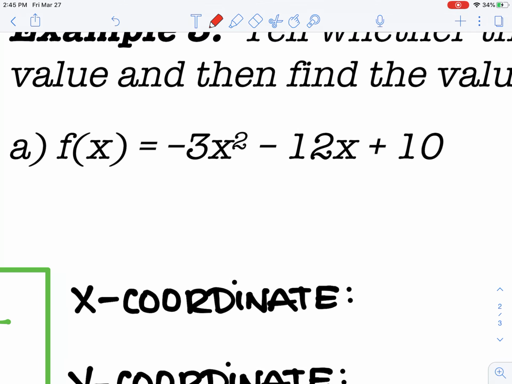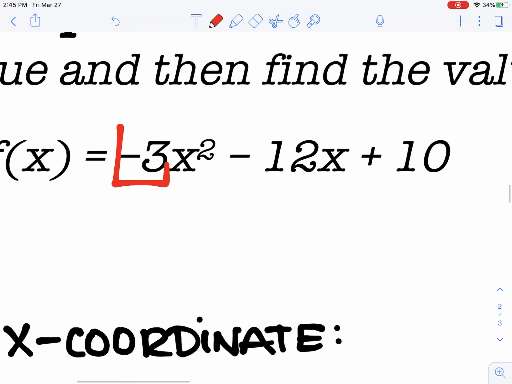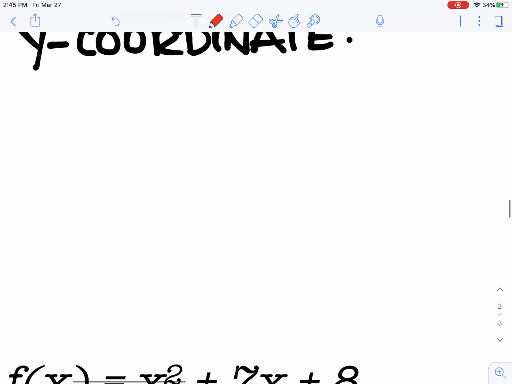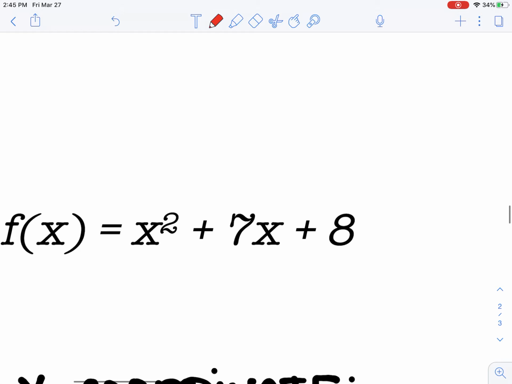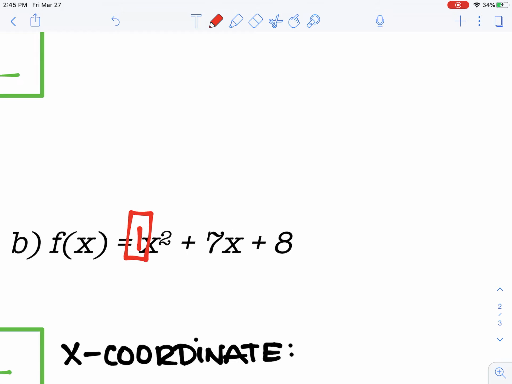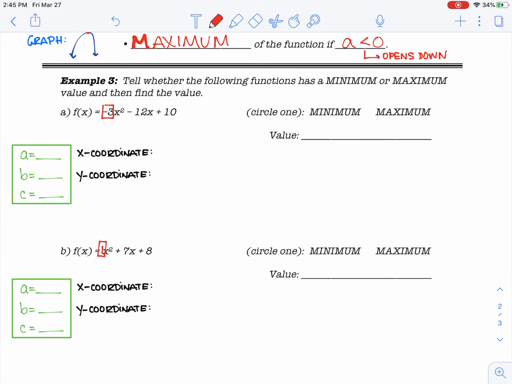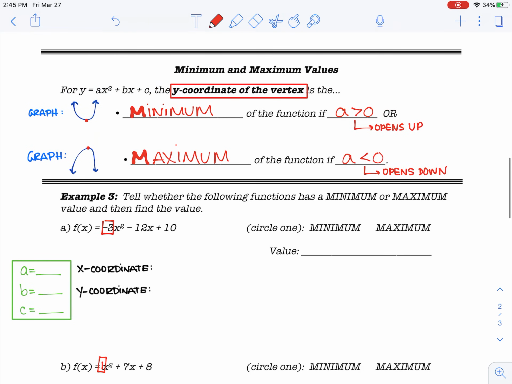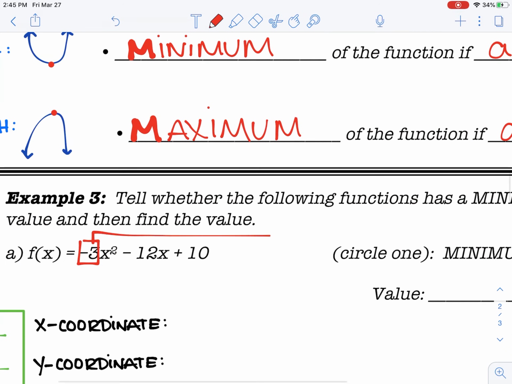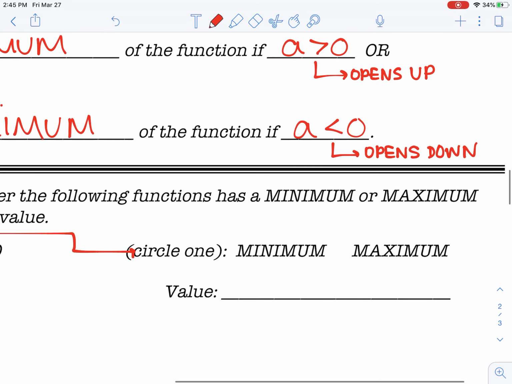So first, since these are already written in standard form, let's focus in on our first value. We have a -3, and technically on part B, we have a 1. Since -3 means that this will open down, we would state that this particular equation possesses a maximum.